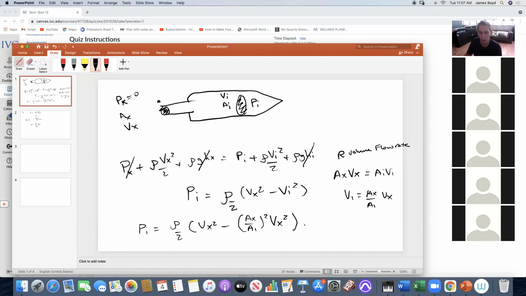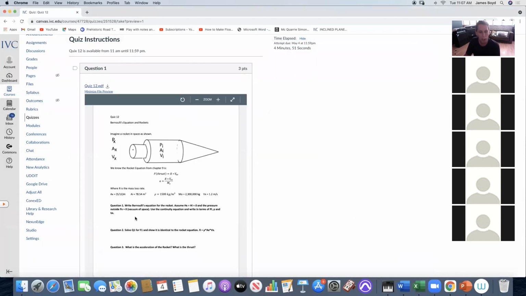Or better yet, you should probably write this as rho over 2 V_x squared times 1 minus A_X over A_I squared. Okay, and that's the first part. So that's all I want right here: P_I is equal to rho over 2 V_x squared times 1 minus A_X over A_I squared.